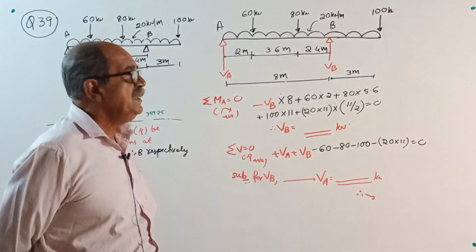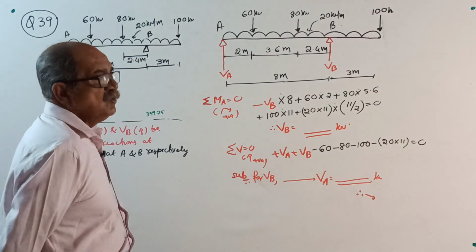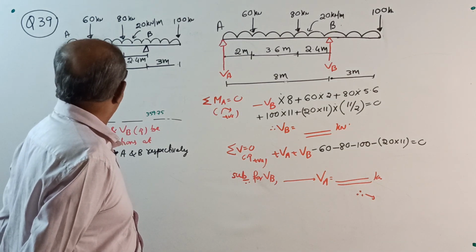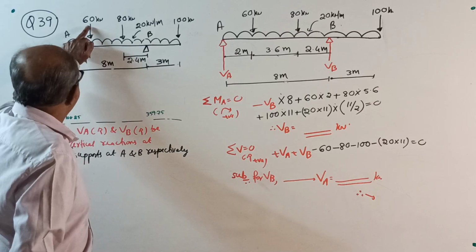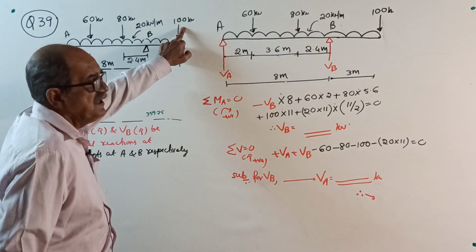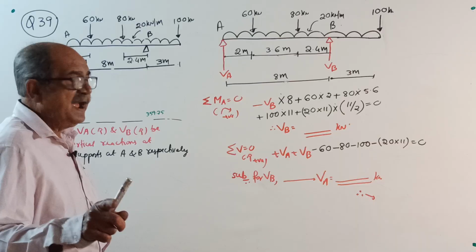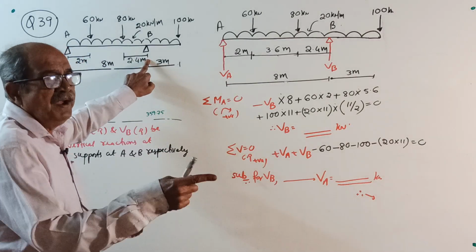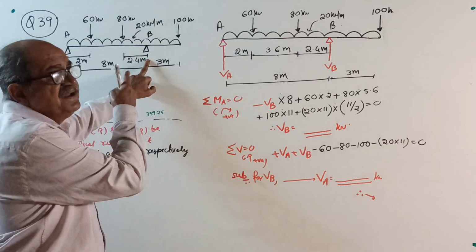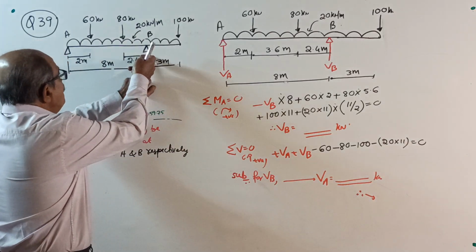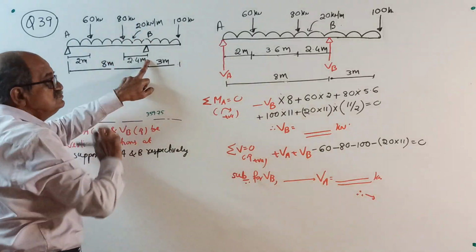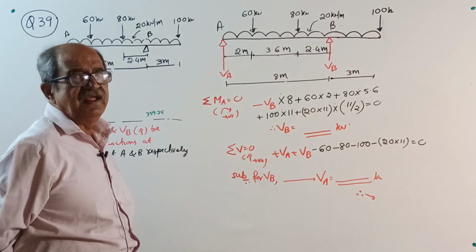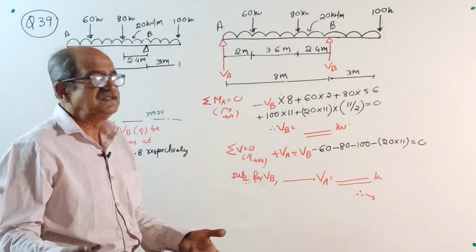It is loaded by a UDL of 20 kN per meter over the entire length and 3 concentrated loads of magnitudes 60 kN, 80 kN and 100 kN respectively at 2 meter from the left end, 2.4 meter to the left side of the right support, and at the right extreme end. Find the vertical reactions. The question will be over within 2 minutes now.